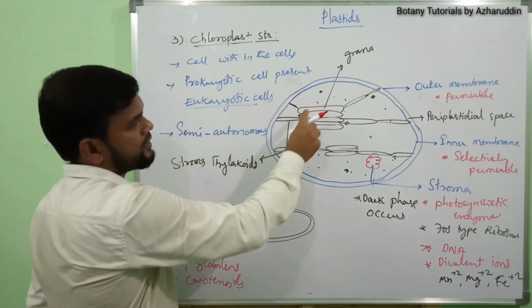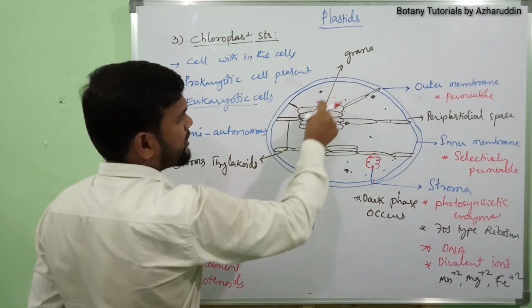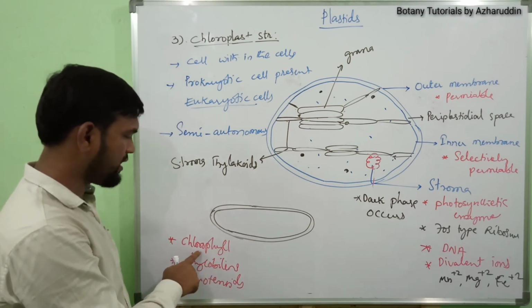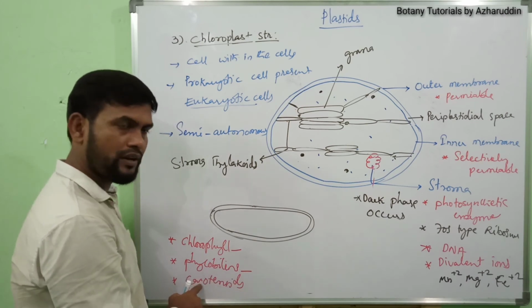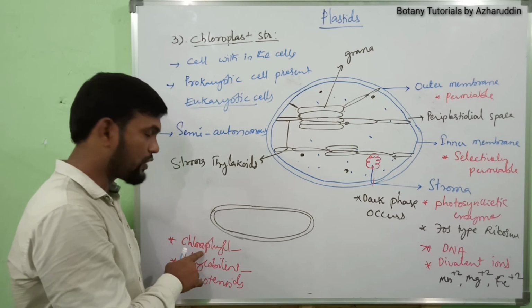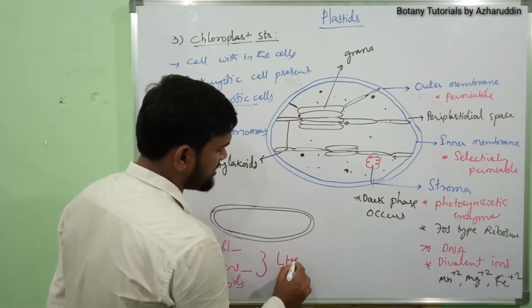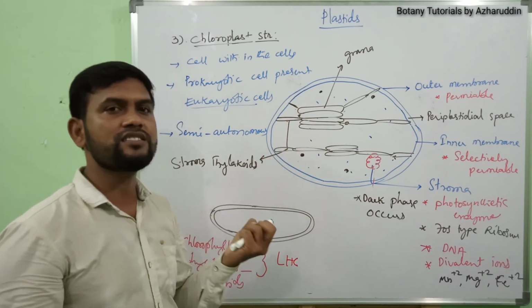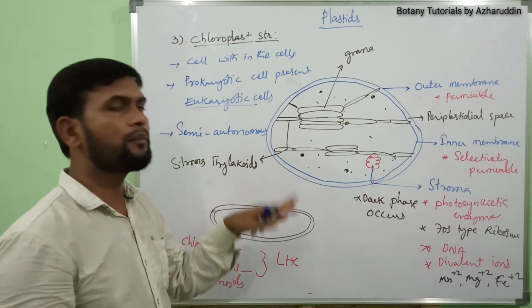In the chloroplast, thylakoids are present. Stalks of thylakoids are called grana. In the thylakoid membrane, pigments are present. Pigments are mainly chlorophyll, and accessory pigments are phycobilins. These together, the accessory pigments and chlorophylls, form the LHC, that means light harvesting complex, that traps the sunlight, and that sunlight is converted into chemical energy.